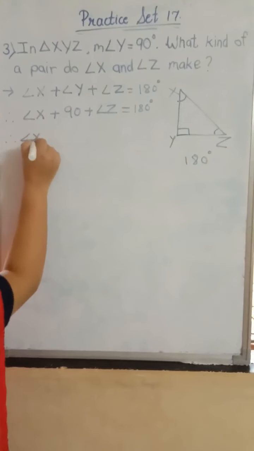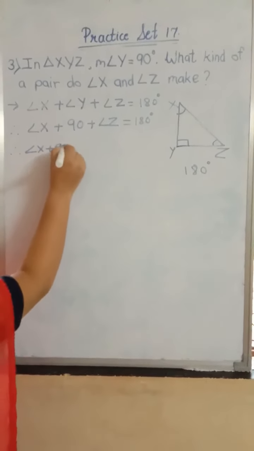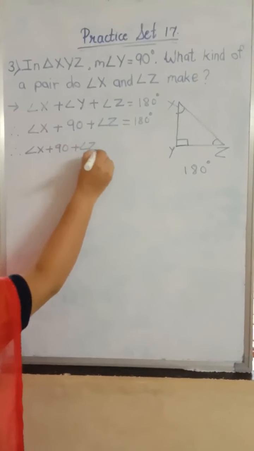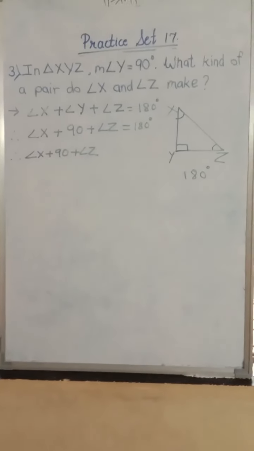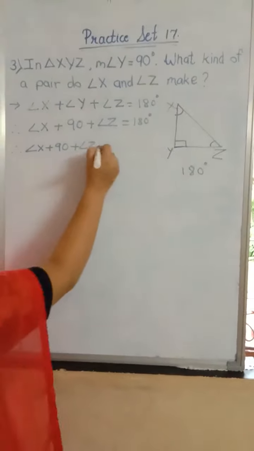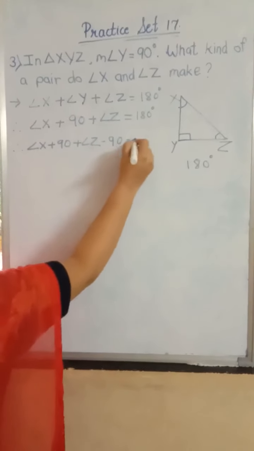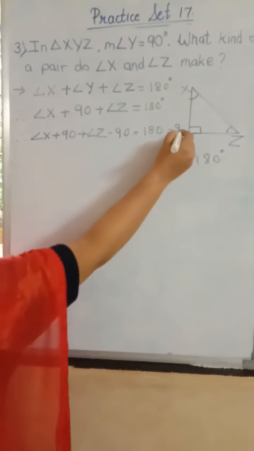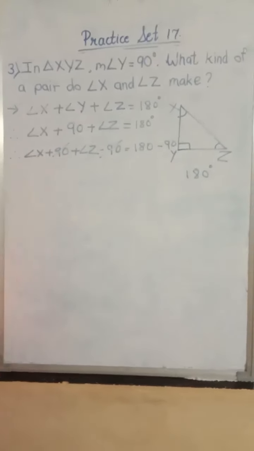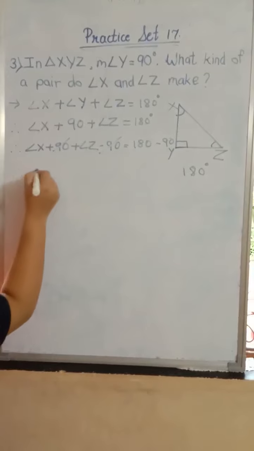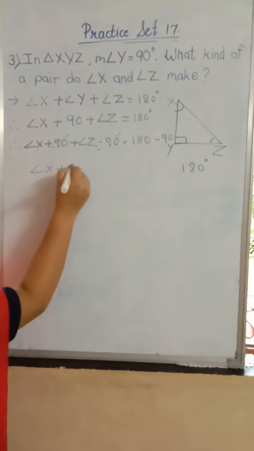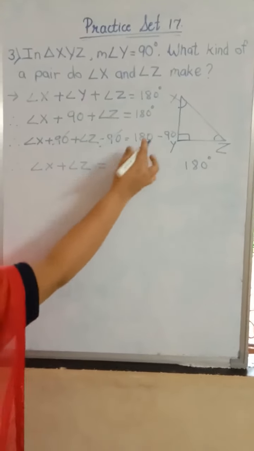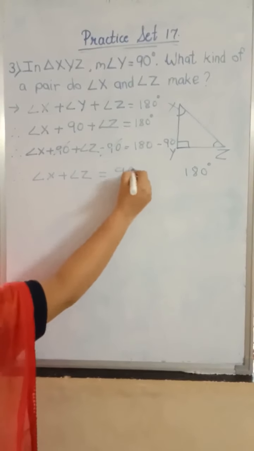So first we will write angle X plus 90 plus angle Z. LHS we wrote as it is. Yeah, so we will subtract 90 here. Now RHS we will write. Here also we will subtract 90. So this and this 90 will go. Therefore, angle X plus angle Z is equal to 180 minus 90, which is 90.